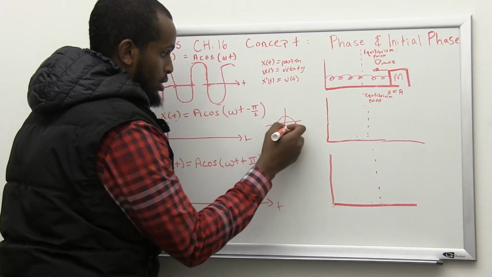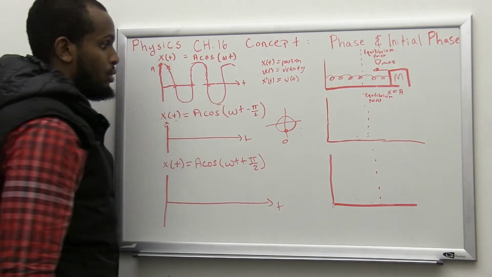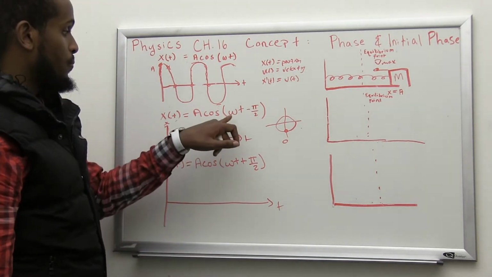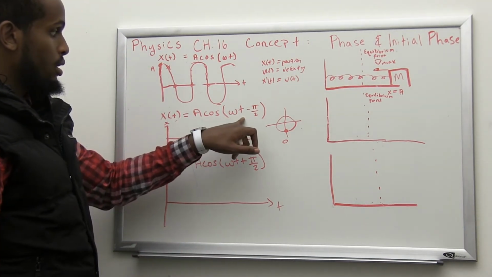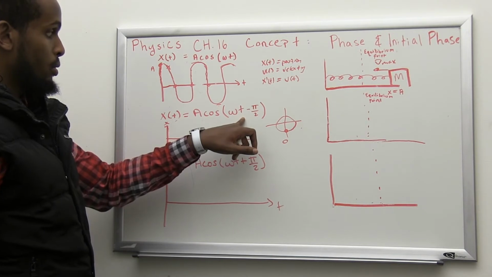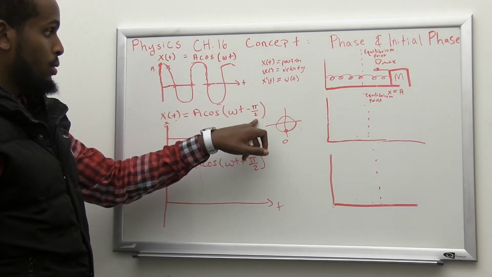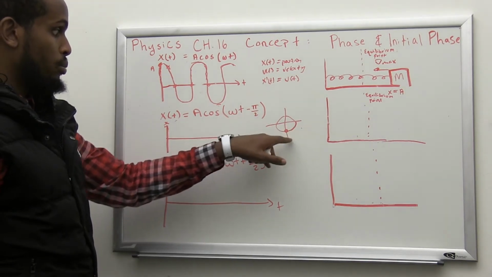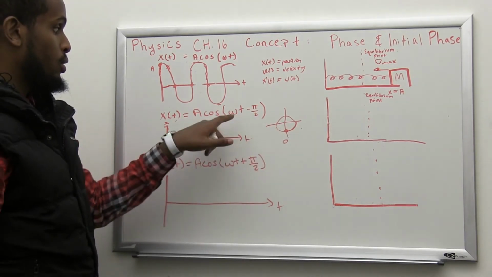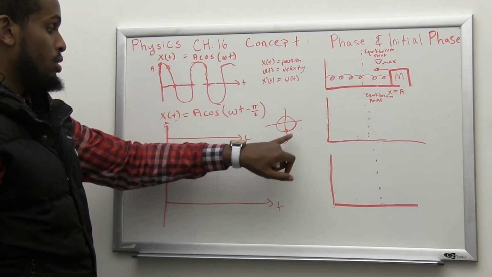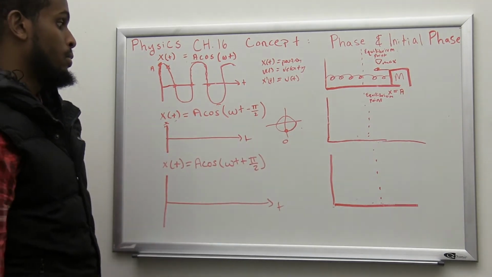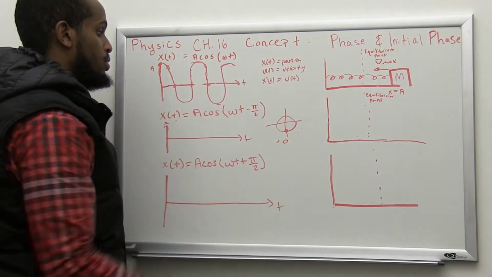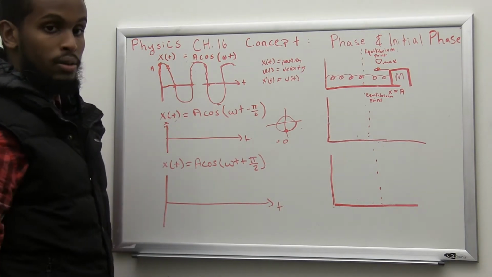So when t equals 0, the argument is 0 minus pi over 2, which is minus pi over 2. Cosine of negative pi over 2 equals 0. So 0 times A is going to be 0.